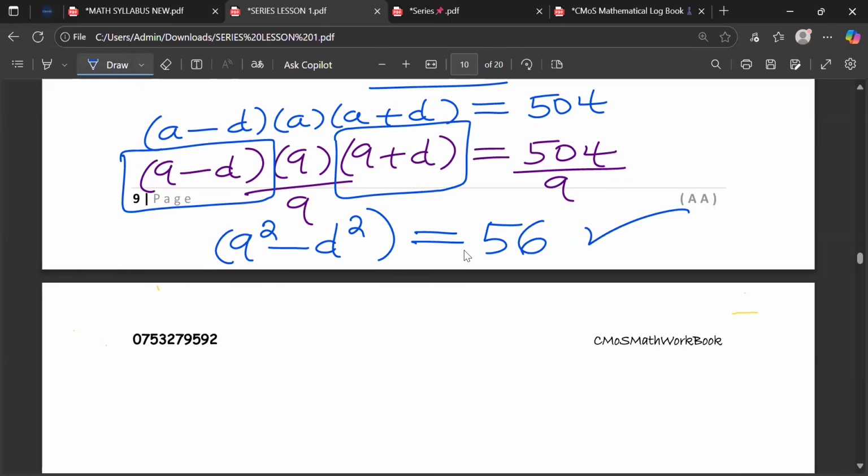But 9 squared is 81 minus d squared. Using mathematics, what do we get when we add those two? So this is 46.